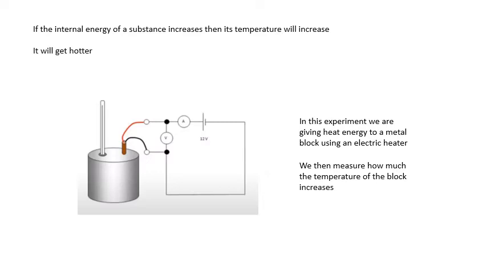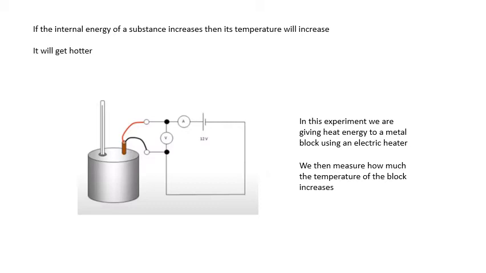Temperature actually gives us an idea of the average kinetic energy of the particles that make something up. That's basically what temperature is. And the more internal energy something has, then the hotter it will be, so its temperature will be bigger.